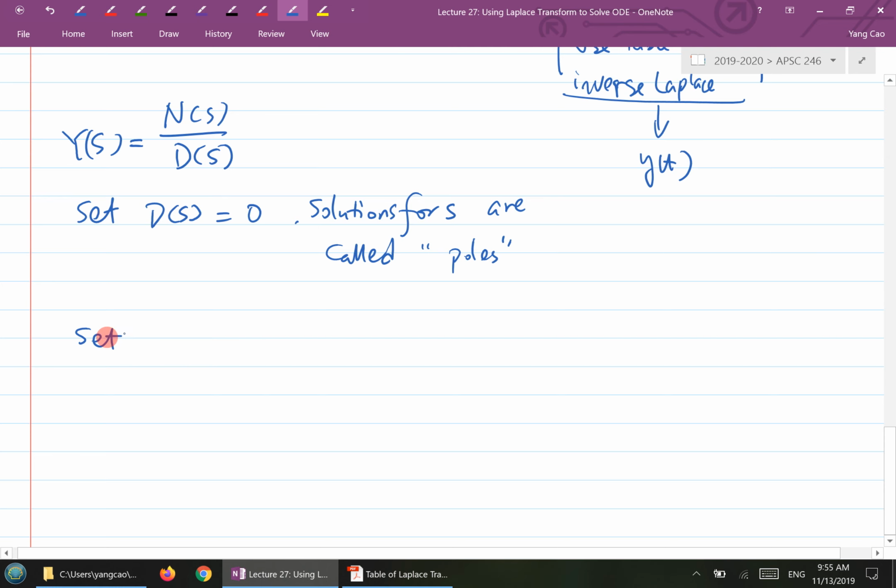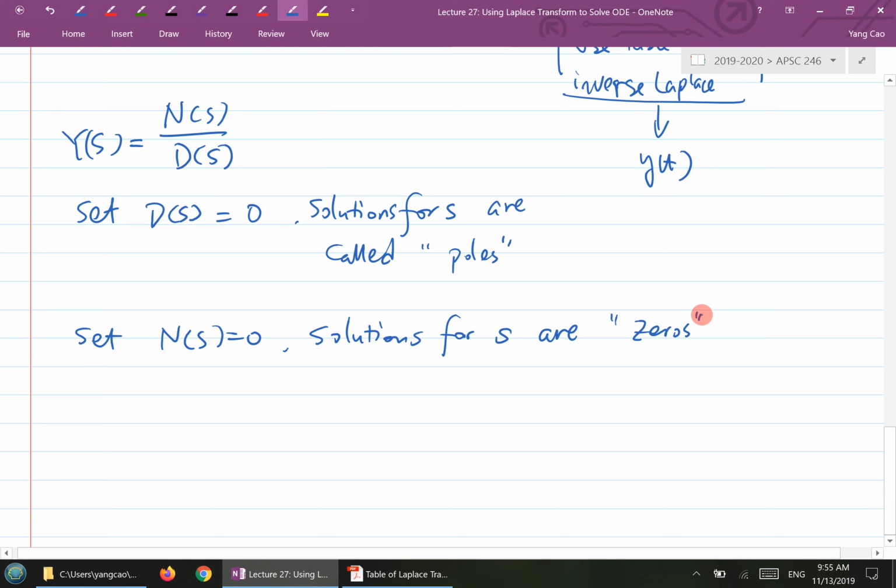Now, if you set the numerator to be 0, you will get some more solutions for s, and this time they're called zeros. So solutions for the numerator are called zeros. Solutions for the denominator are called poles. Those are basically simple concepts.